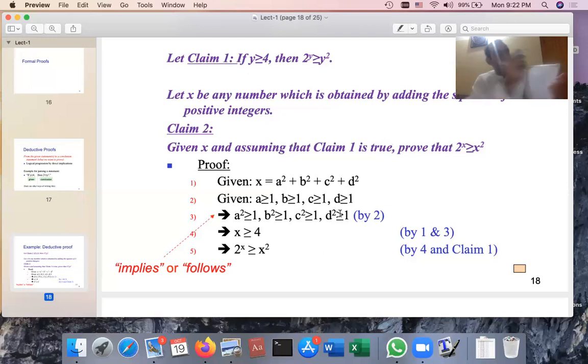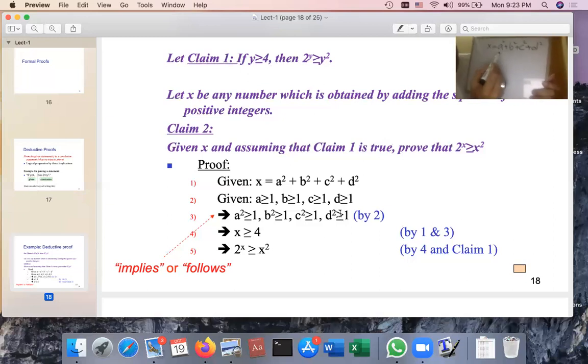For example, what I am saying is x is equal to a square plus b square plus c square plus d square. Maybe you are seeing it or not, I don't know, but I will try my best to display it.